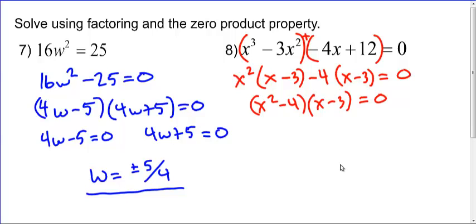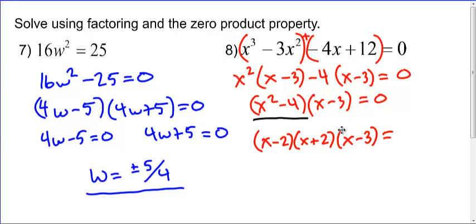Don't stop there, though, because if you look at this, x squared minus 4, that's still factorable. I'm sure you guys all caught that. I didn't have to make a big deal out of it, but you keep factoring as long as you can. If it's factorable, do it. All right, so here we go. Now I've got 3 terms being multiplied equal to 0.